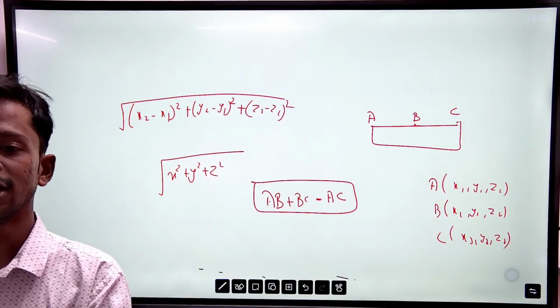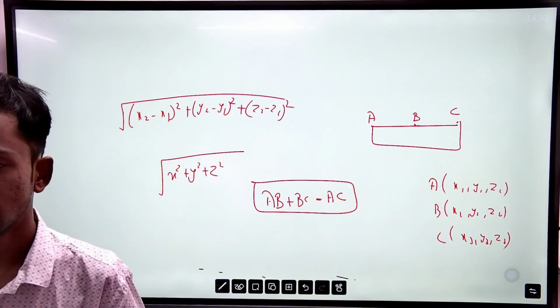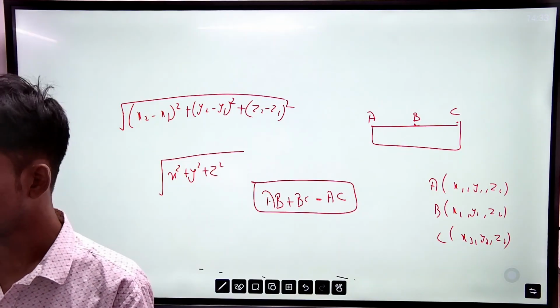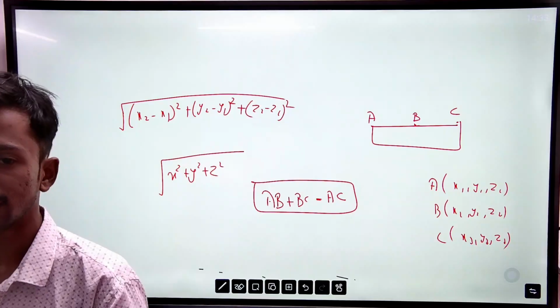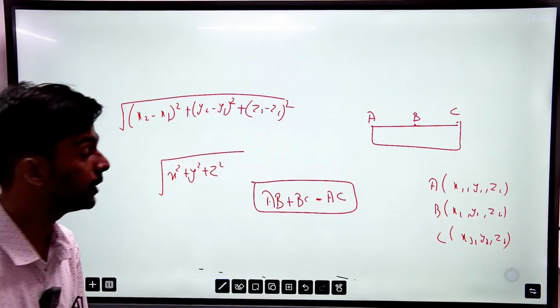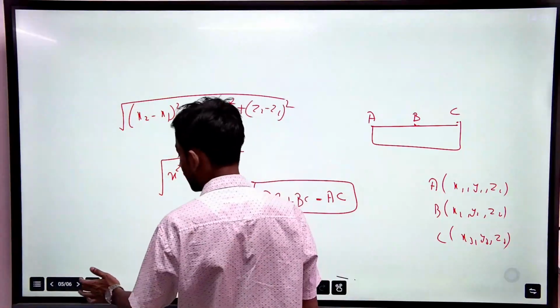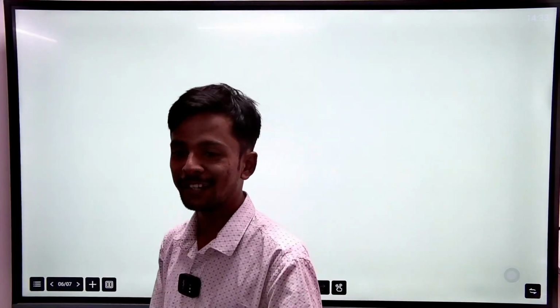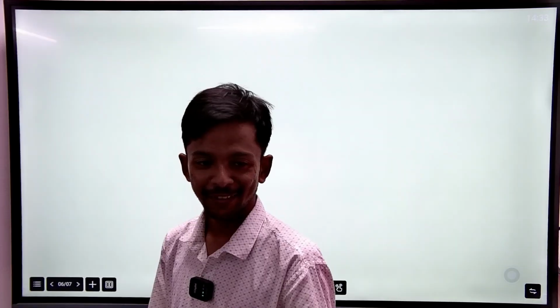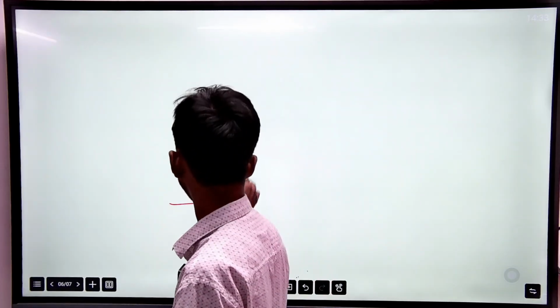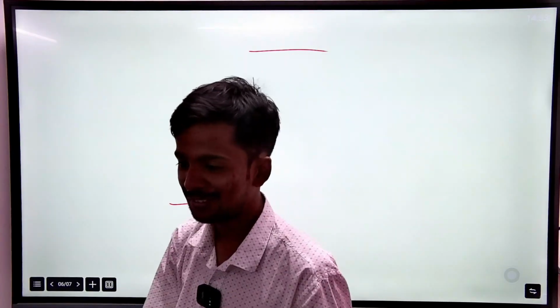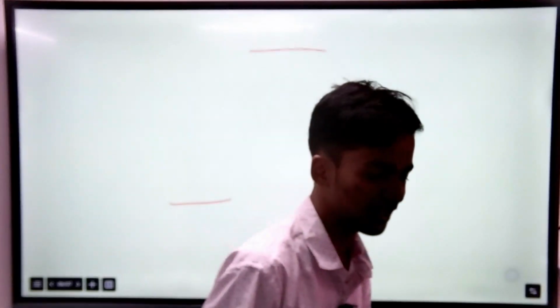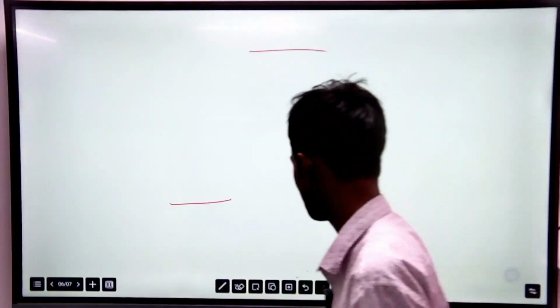Now the three-dimensional geometry will continue in class 12 also. We have finished the class 11 part, now we will move to class 12. Okay, now what is the part in class 12? Now you are going to see the difference between class 11 and class 12. Again, write the notes first of all.